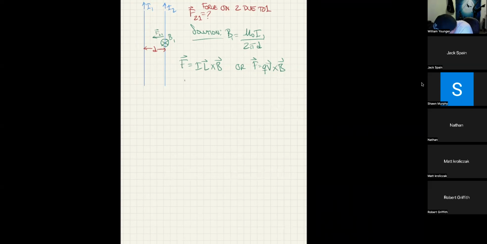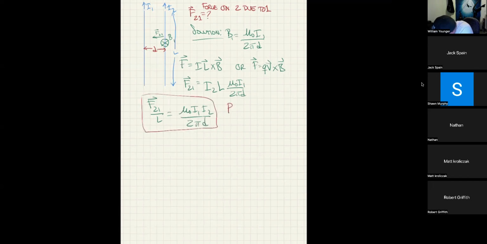So ultimately I can say that F21 is going to be I times L times B. We're actually going to be more interested in the force per unit length, but we could imagine a section of wire of length L. So if I wanted to, I could say, let's say from here to here is L. Then F21 is I2 times L times mu 0 I1 over 2 pi d, or you could say F21 per unit length is mu 0 I1 I2 over 2 pi d, and that's our result.